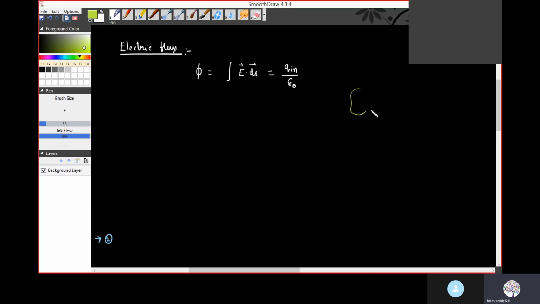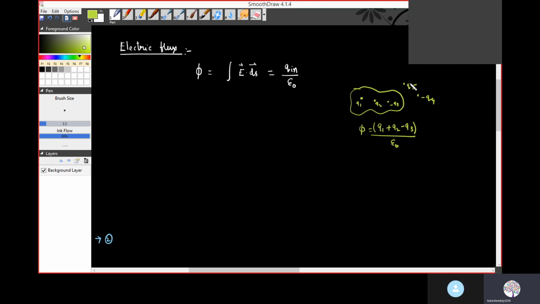See, if you are having charges, say here q1, q2, minus q3, minus q4 and q5, then flux through this closed surface is equal to q1 plus q2 minus q3 by epsilon naught. You should take only charges which are inside but not outside.